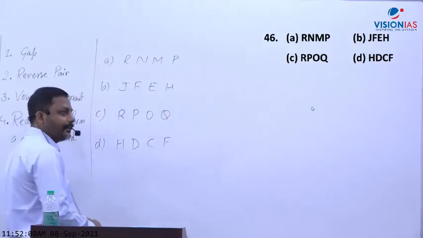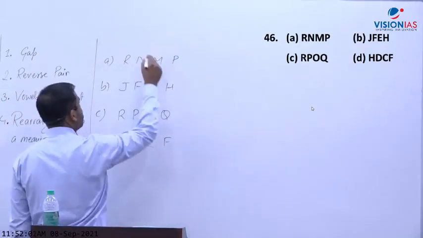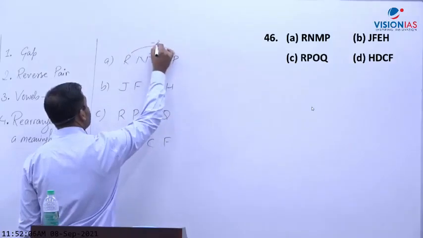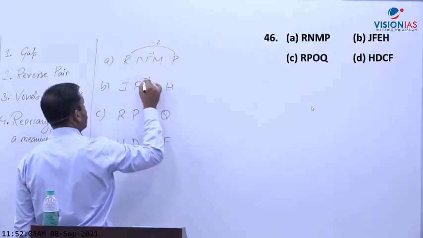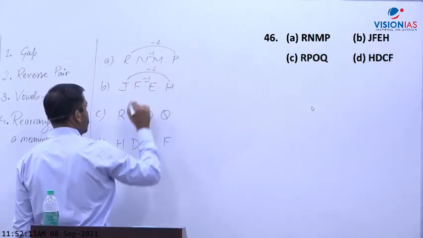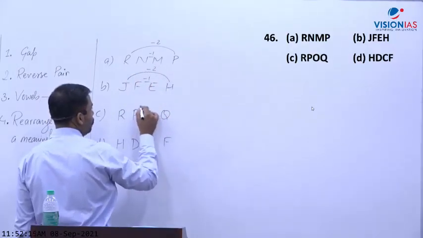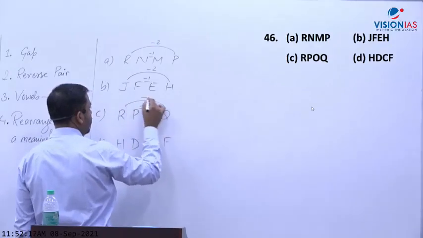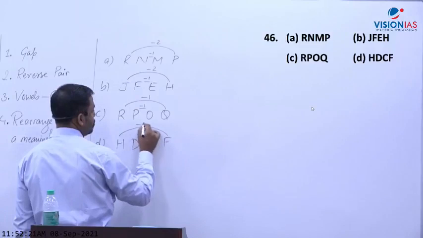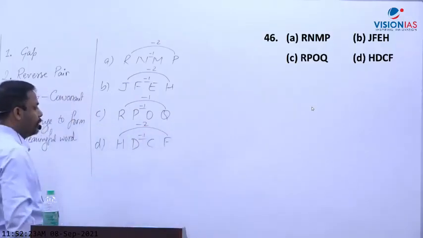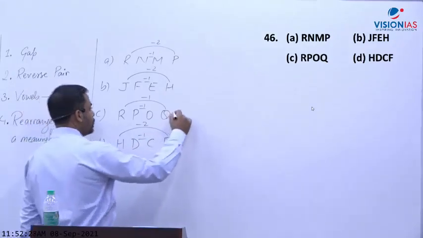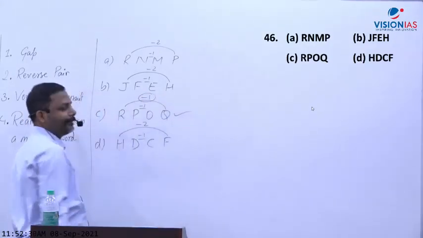The correct answer is, see, here N minus 1 is M and R minus 2 is P. Here also the difference between F and E is 1 and J minus 2 is H. Here also P minus 1 is O, but R minus 1 is Q. Here D minus 1 is C and H minus 2 is F. So in this case, the difference is different.